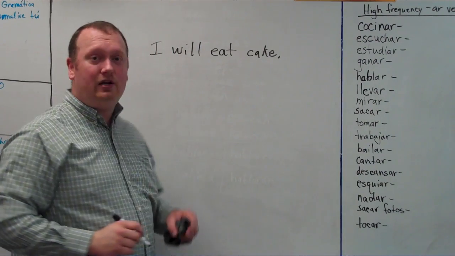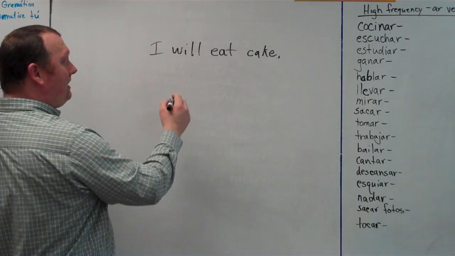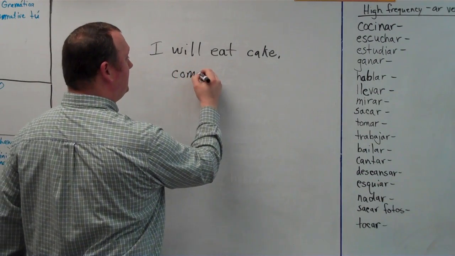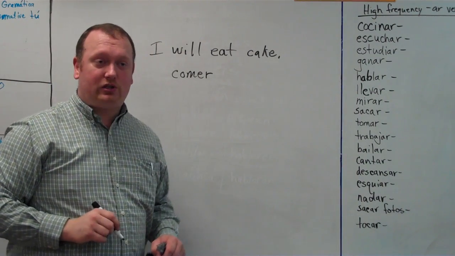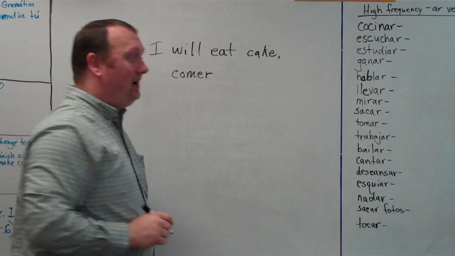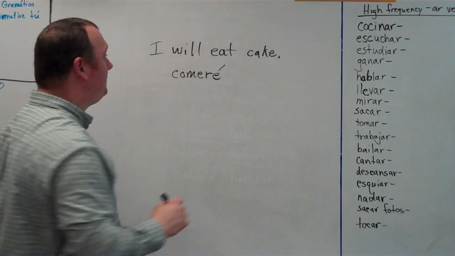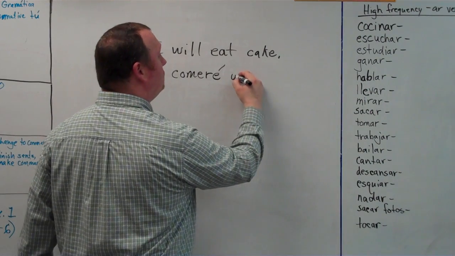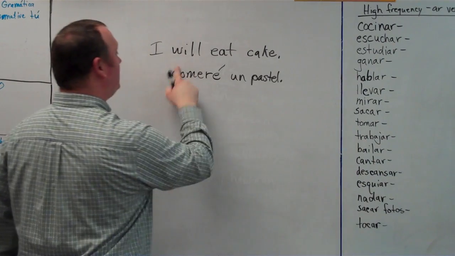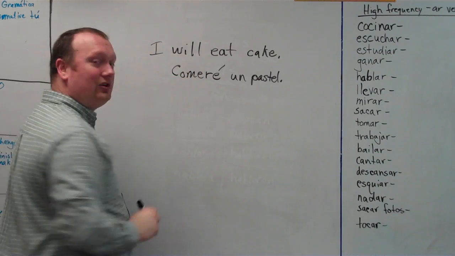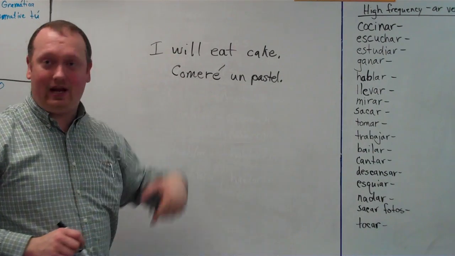Well, we'll do this in the simple future tense. I will eat, so the verb to eat is comer. And we need the yo form, so we're going to add the ending é with an accent, comeré, and then we'll say a cake, un pastel. Alright, so let's make this a capital letter since it's beginning our sentence. Comeré un pastel. I will eat a cake.